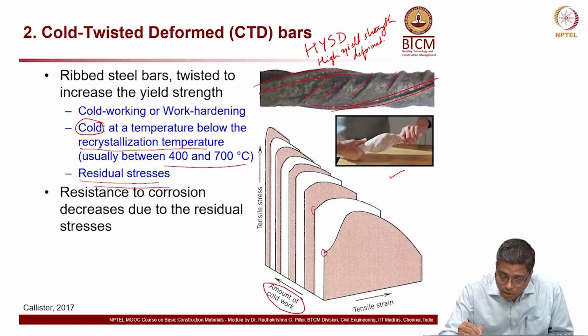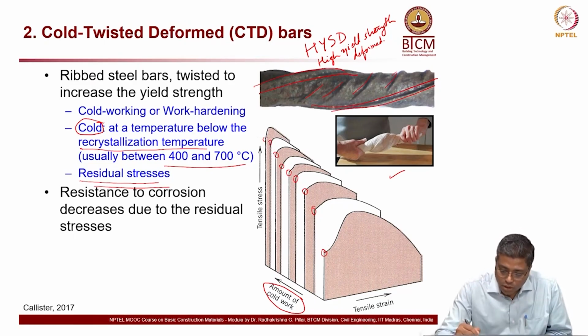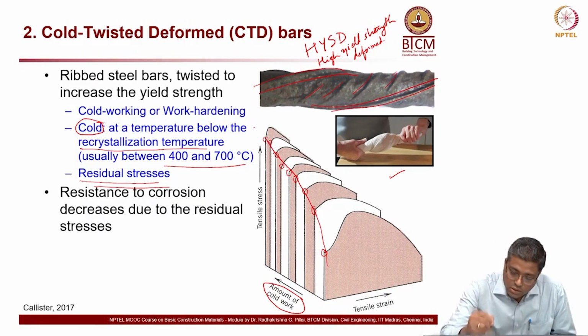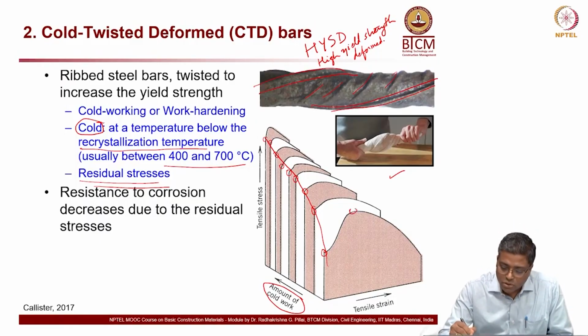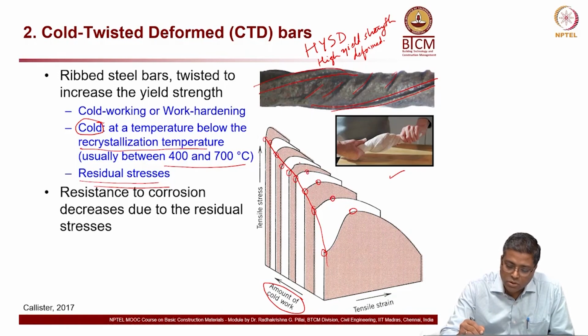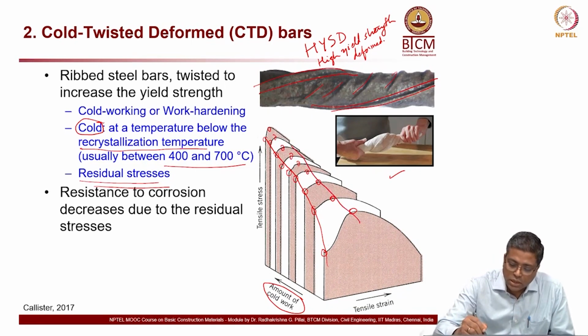If you take this point as the yield strength, it tends to increase. The tensile strength, the peak value, is also increasing. So this is the tensile strength.